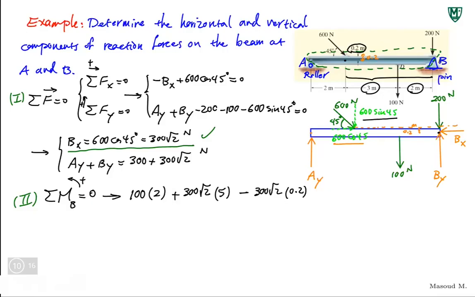All right. What else? What else do I have there? Did I take everything into account? AY. So AY is there. What is the distance it has from point B? It's the length of the beam. 3 plus 2 plus 2, which is 7.